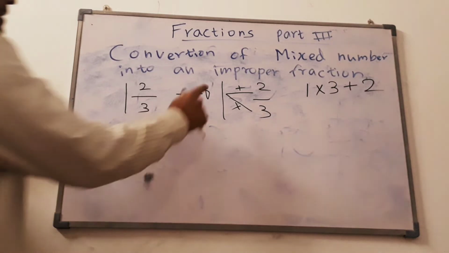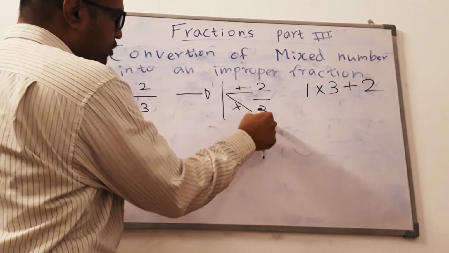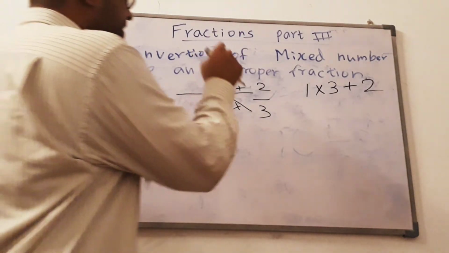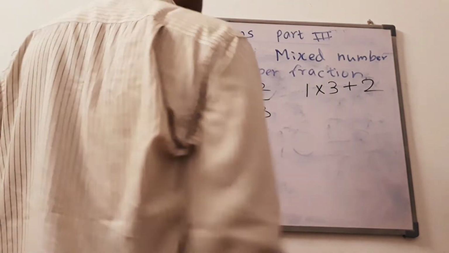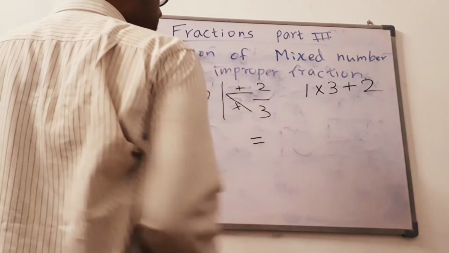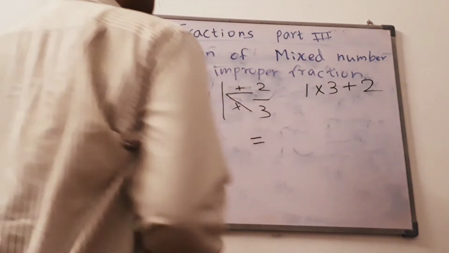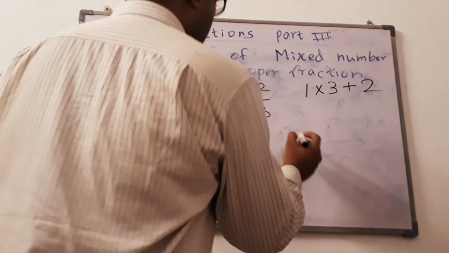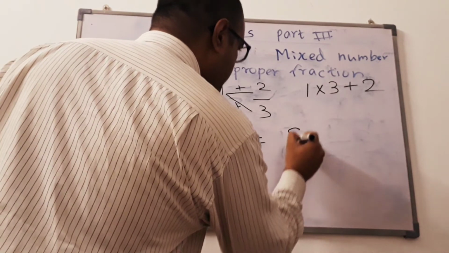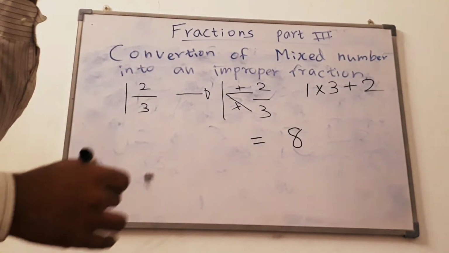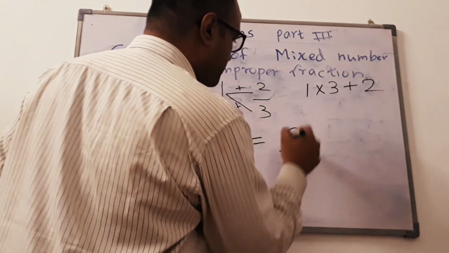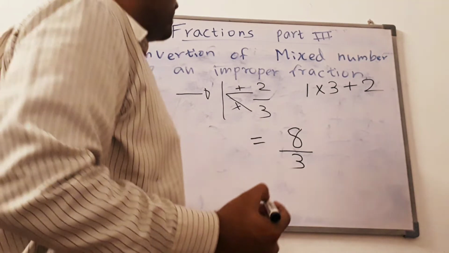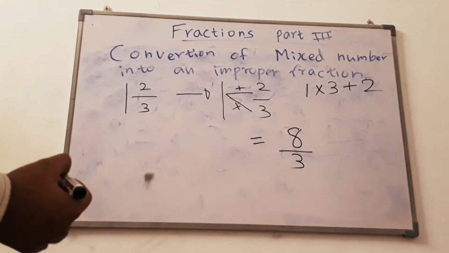So 1 times 3 is 3, 3 and 2 is 5. And we have to write that 5 above the line, and beneath the line you have to write 3. So here 5 becomes the numerator, 3 becomes the denominator.